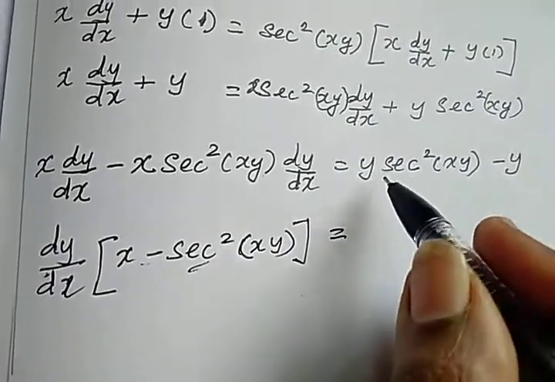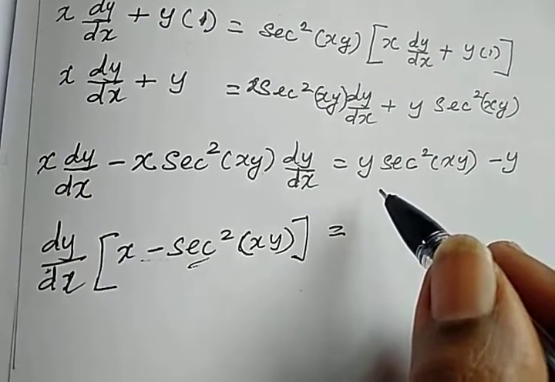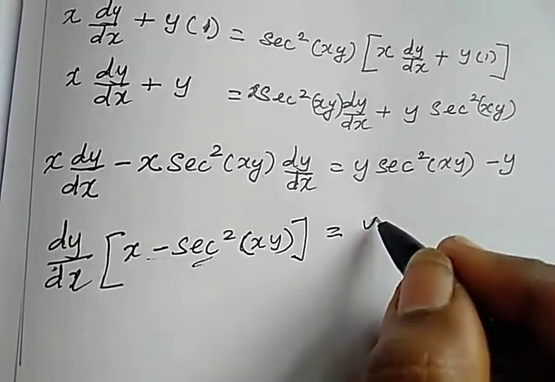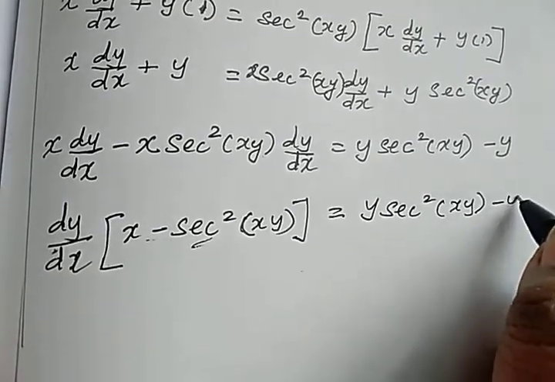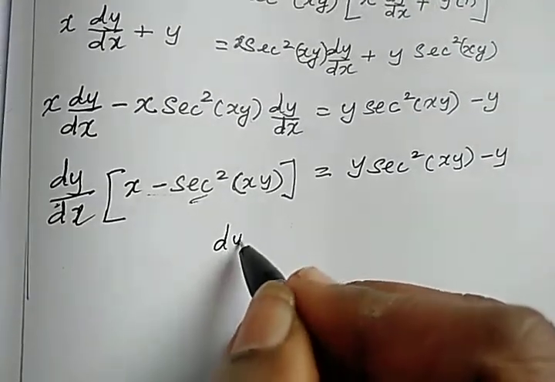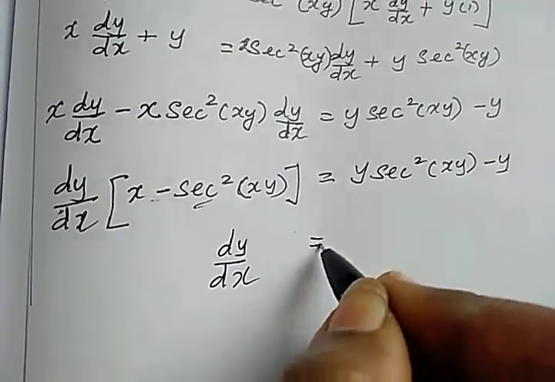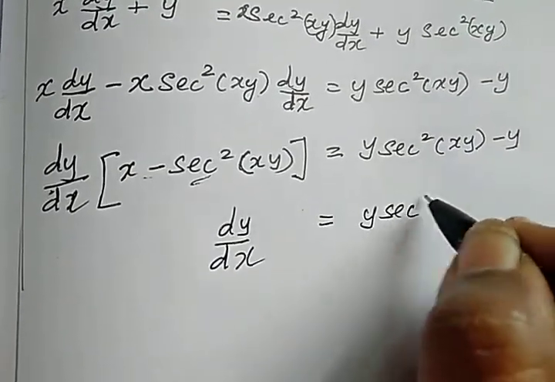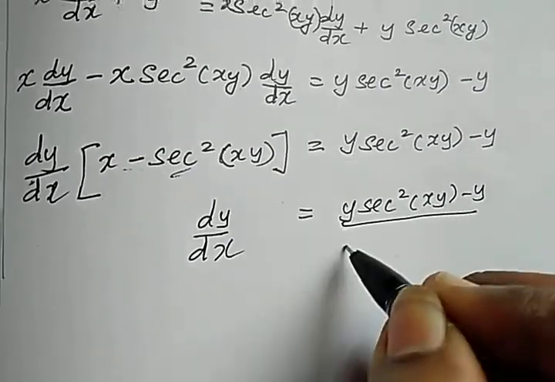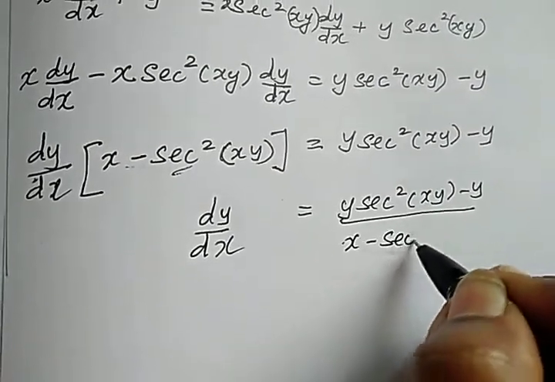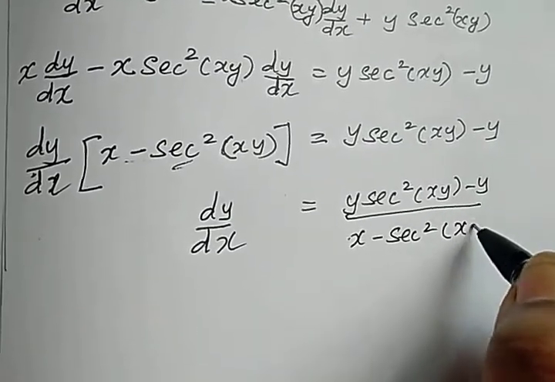Here you can keep it as such: y secant squared xy minus y. So dy by dx equals y secant squared xy minus y, the whole divided by x minus secant squared xy.